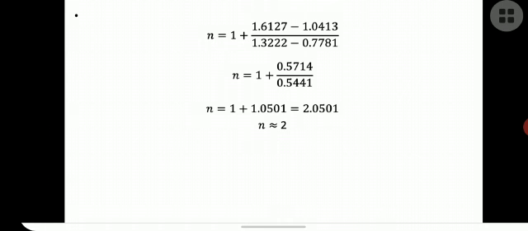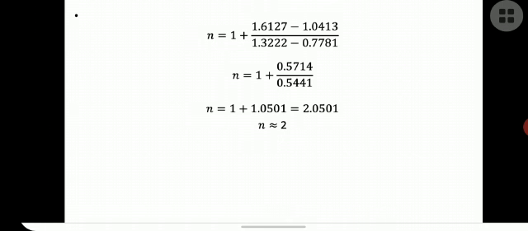By taking the log of these quantities, we get n is equal to 1 plus 1.6127 minus 1.0413 divided by 1.3222 minus 0.7781. When we calculate it, we get n is equal to 1 plus 0.5714 divided by 0.5441.